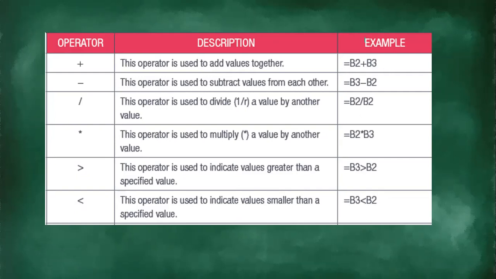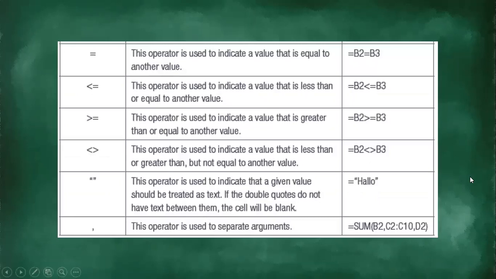We don't have to dwell on this. You are grade 12s, you've been doing this, you know what these operators are for. Right, so we have seen the operators, their descriptions, and also the examples.